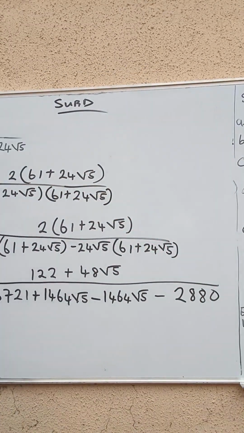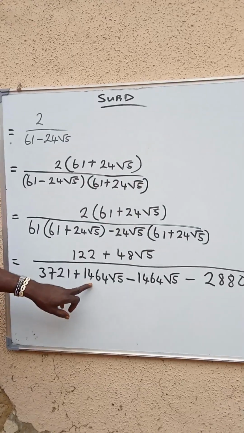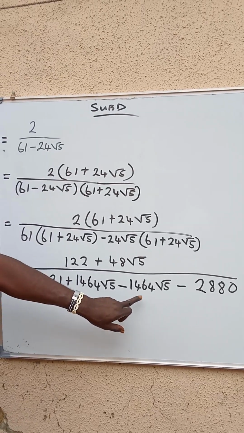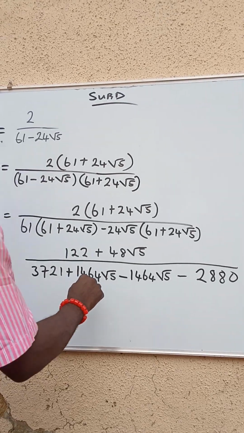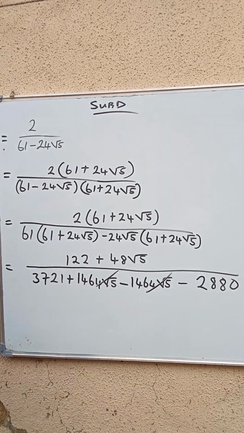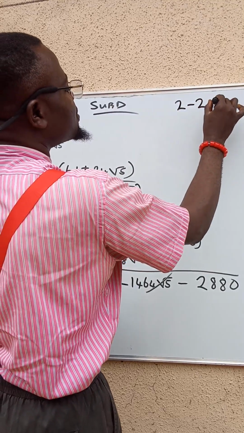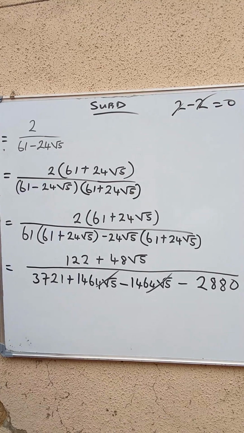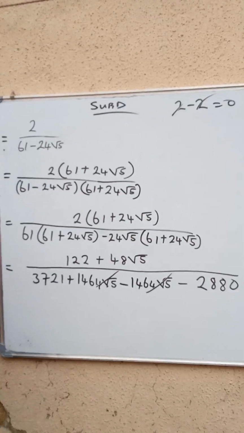Now, since we have done that, I want you to look at something. 1464 root 5 minus 1464 root 5 will take care of each other. Look at it here. This goes with this because they are the same. So I'm going to have 2 minus 2. So it's 0. But in this place, we cannot write 0. Just clear it. Then this one is 3721 minus 2880.